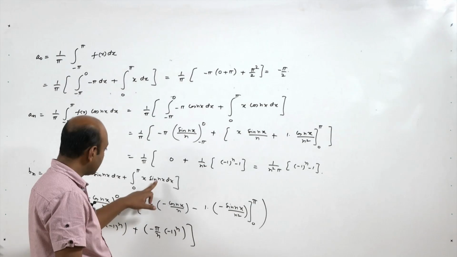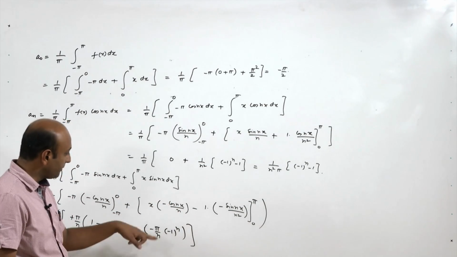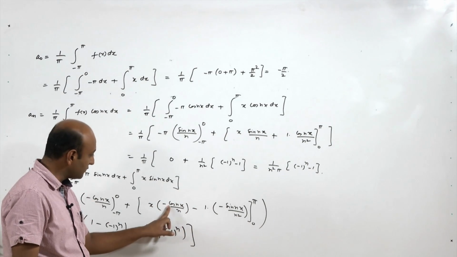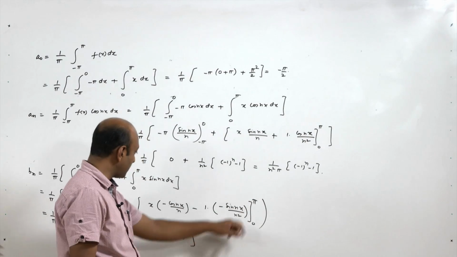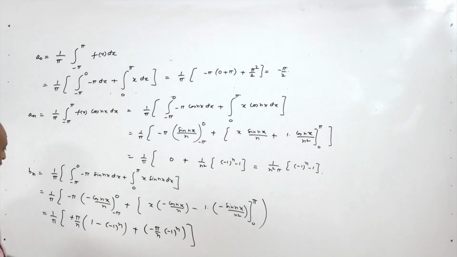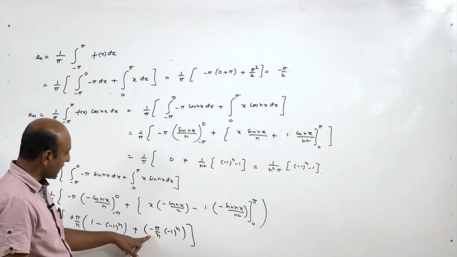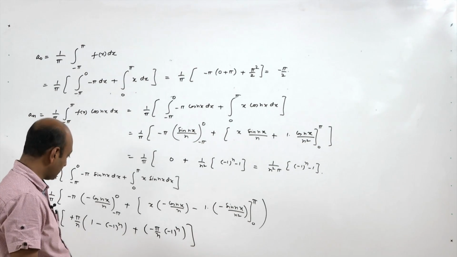Now, the integration of this is minus cos nx upon n, minus the derivative of this and the integral of this. So, that is minus sin nx upon n square from 0 to pi. Now, when it is 0 it is 1, and when it is pi it is minus pi upon n into minus 1 to the power n. Okay.